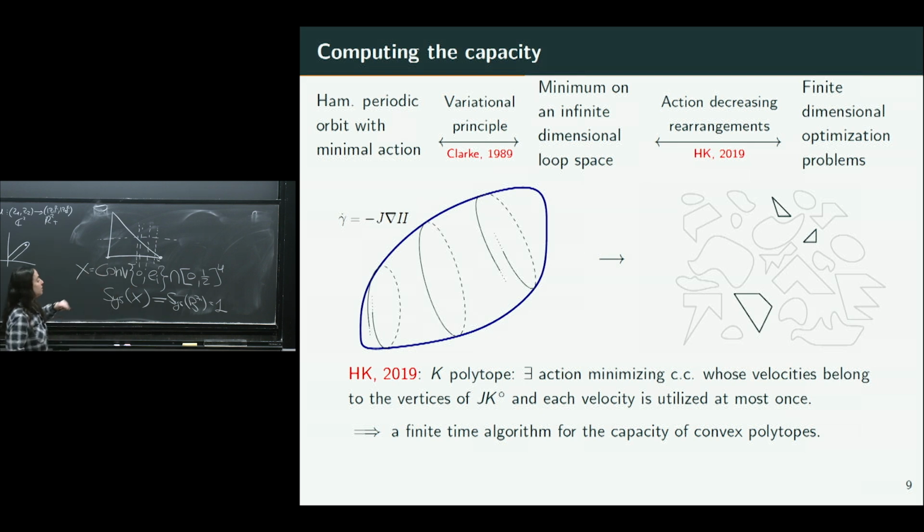And now this domain I cannot improve in the same way, because through every vertex of this domain, one has a closed characteristic with minimal action passing through it. So I cannot do the same procedure. I cannot chop the vertices and improve the systolic ratio. And it seems that every perturbation of that domain would make the systolic ratio smaller.